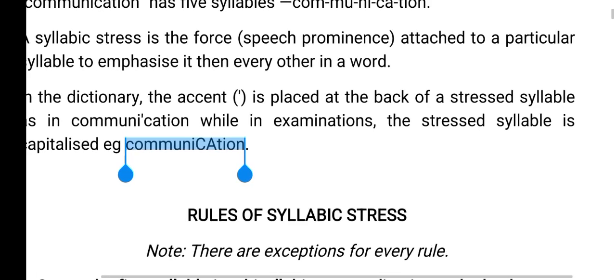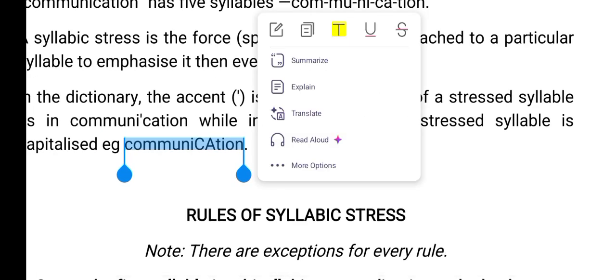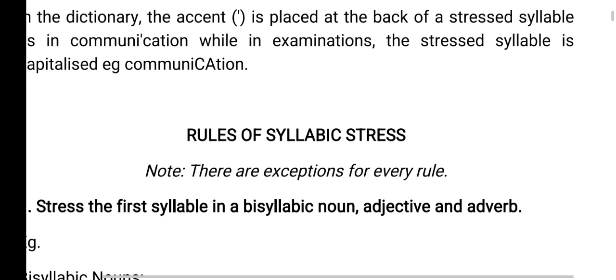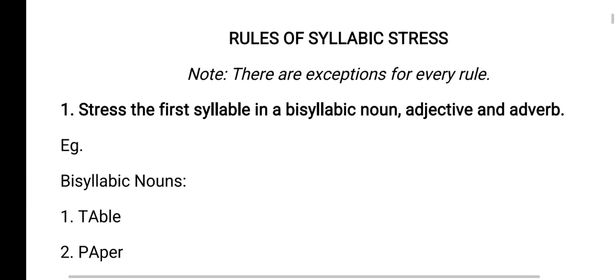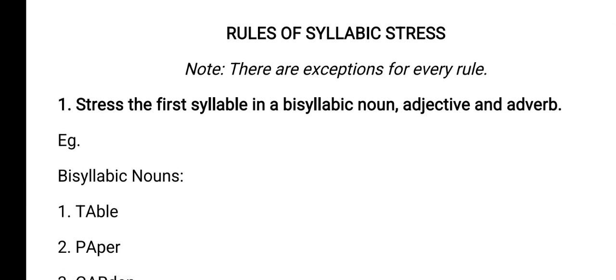But why is it on k? That will take us over to the rules of stress. It is the rules that will make us know why the stress for communication is on k. Why not com? Why not mil? Why not ni? Why not shun? Why must it be k? That is what we want to learn now. Are we together? So let us continue.